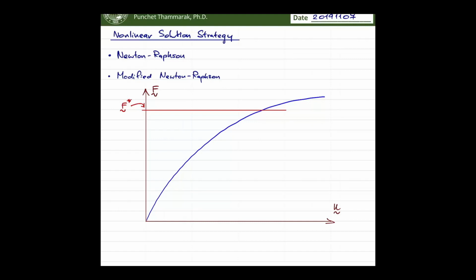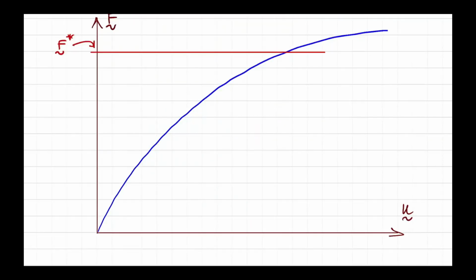The thing is that you have to find the right displacement that satisfies the equilibrium equations, to balance that externally applied force. So we start at the very beginning here.